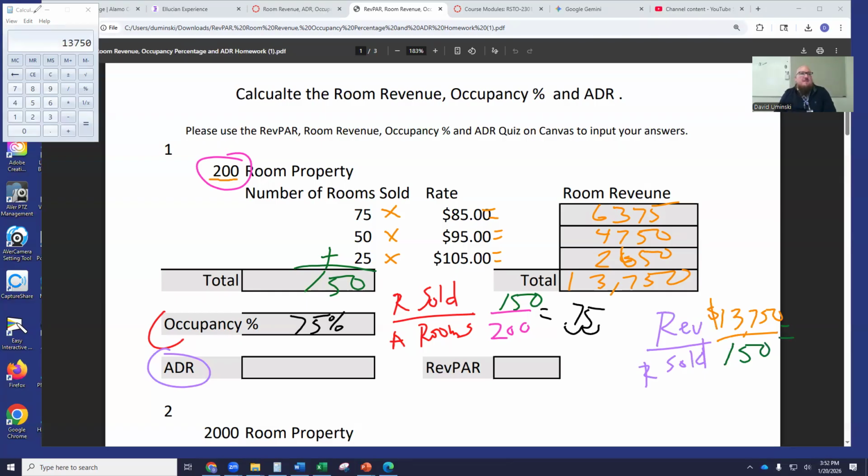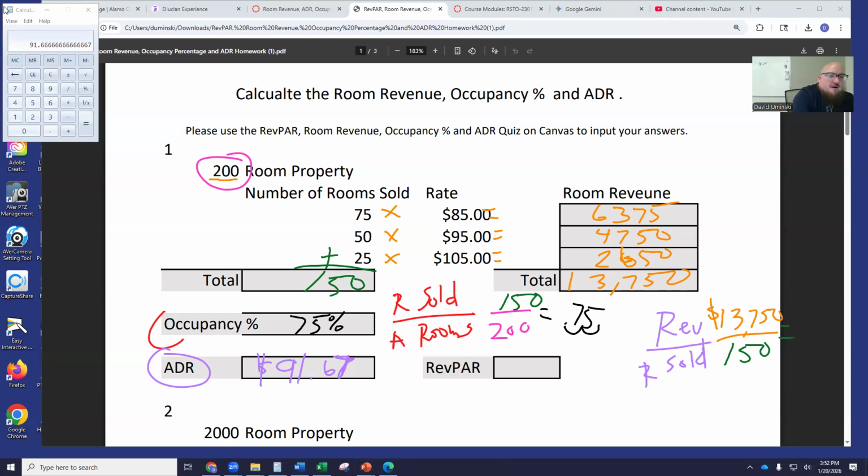Okay. So now when we do that math, we have $91.67. Remember, we're going to go to the nearest two decimals because we're talking about dollars and cents. And so our ADR is going to be $91.67. Okay.